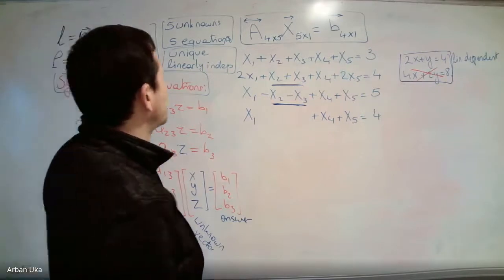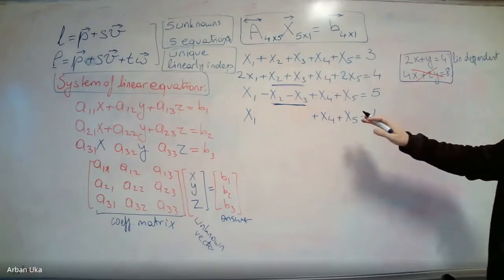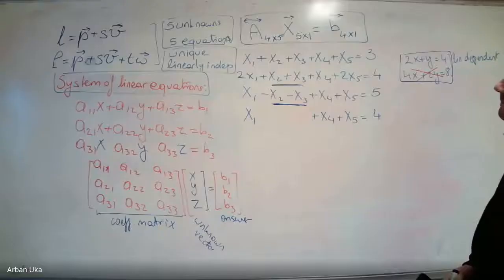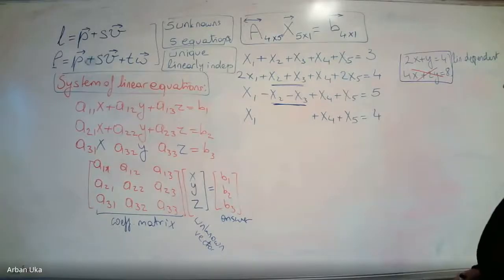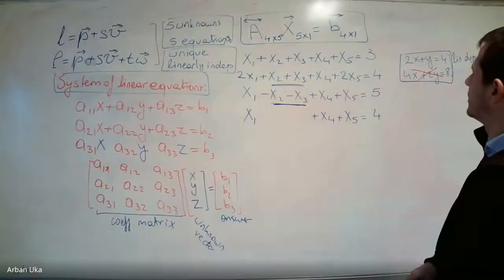Actually, if we add the first and the third, what do we get? It's not our objective to do it, but we get the fourth equation. Do we? Actually, if you look at the numbers, yeah, you are right.